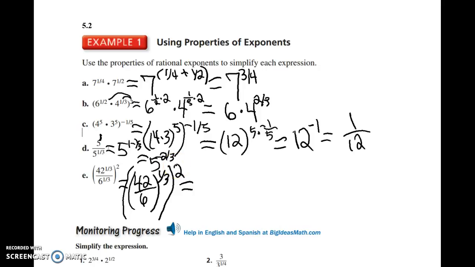So now 42 divided by 6, that's 7. And then to the 1/3 times 2 gives us 7 to the 2/3 power. And that's how we solve the problems for example 1 using properties of rational exponents.